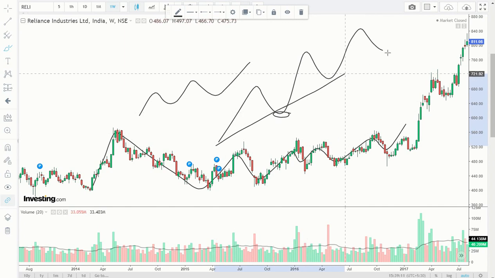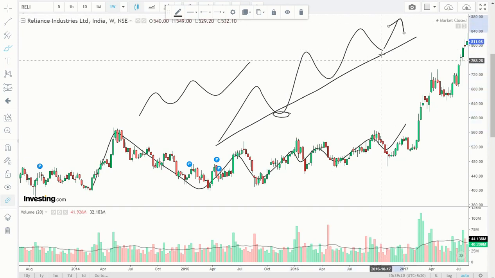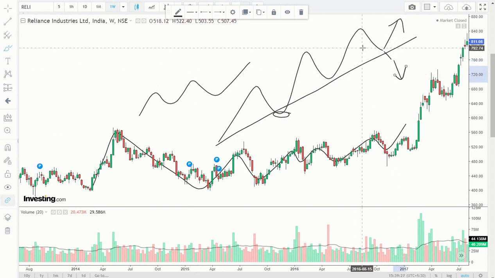If that happens, then the next time prices come to that range, you will know that prices will again go up. Or if prices don't break this line, then you know the tendency: prices will go down. So trend lines help you tell why prices will go up or down.